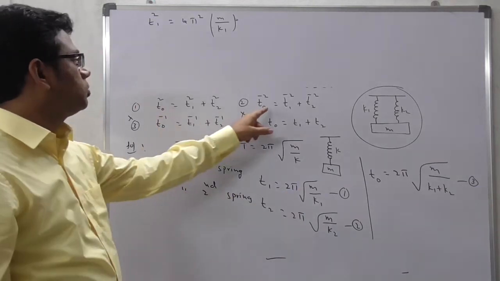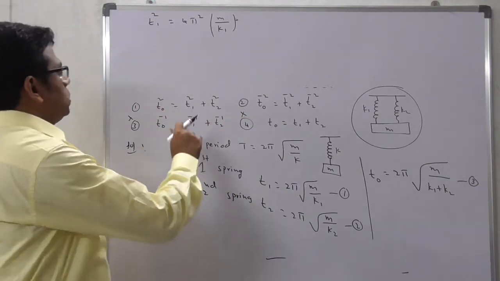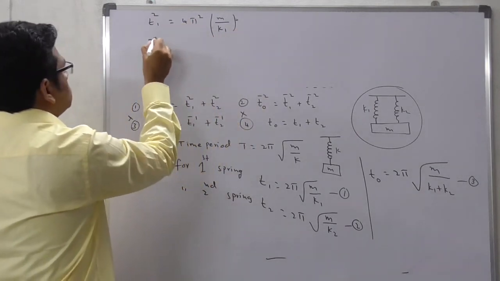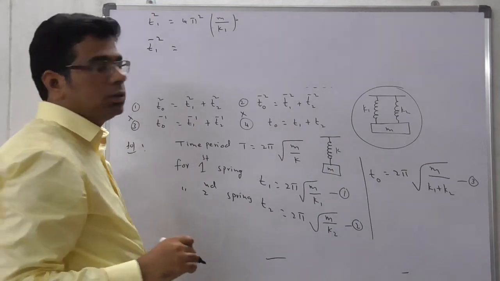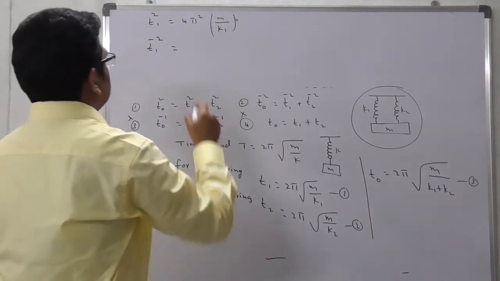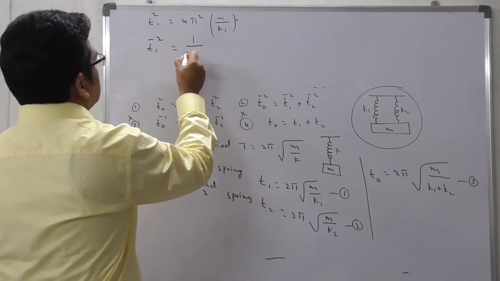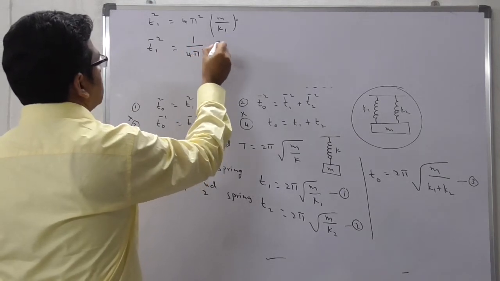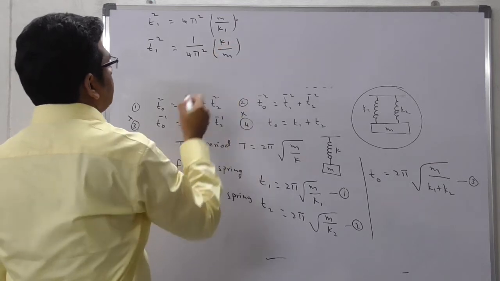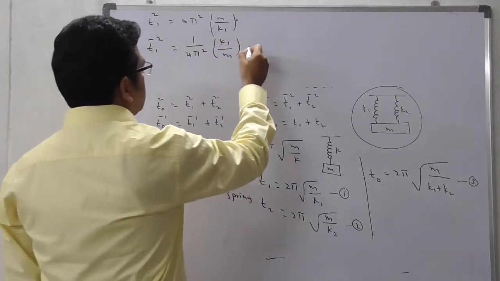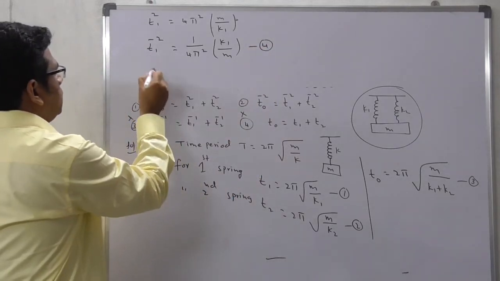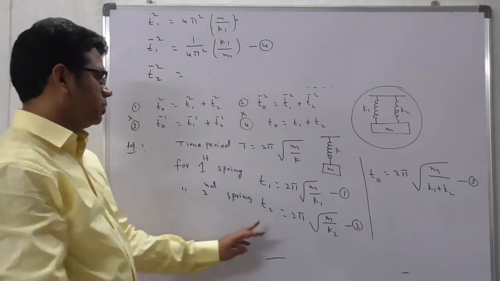Here the options are in terms of power minus 2. So write T1 power minus 2 also. Then we get the perfect form. So we get 1 by 4 pi square into K1 by m. Let it be equation number 4. Similarly, square on both sides for the second equation.